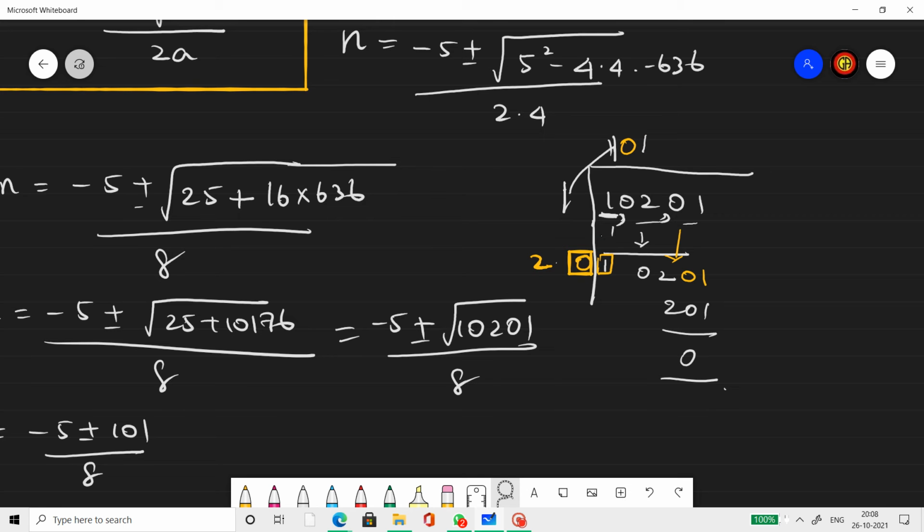So what number I take here is based on what I need to get. So I need 201. So if I put 1 here, this forms a 201. And whatever number I drop in the box, the same I'll drop over here also. So 201 into 1 is 201. And then, remainder 0. So square root of 10,201 is 101.